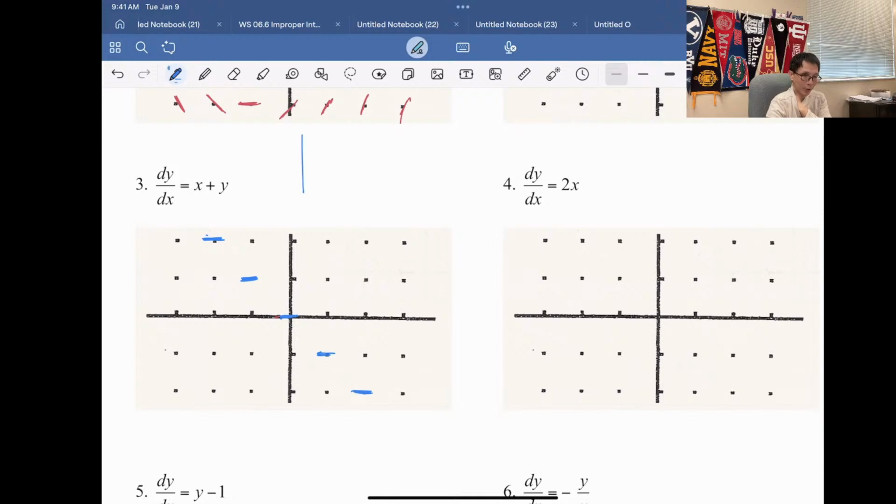And so I'm gonna do a t-chart for the rest of them: x, y, and dy/dx. I know that if they are opposites, this is going to be 0. So -1 and 1, or 1 and -1, or 0 and 0, that's all going to give you zero slope. So that's basically the line.